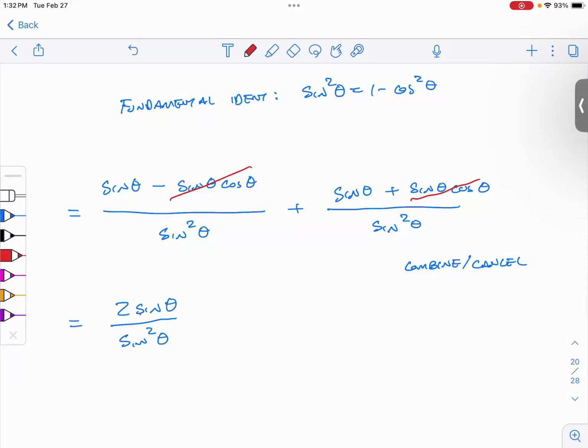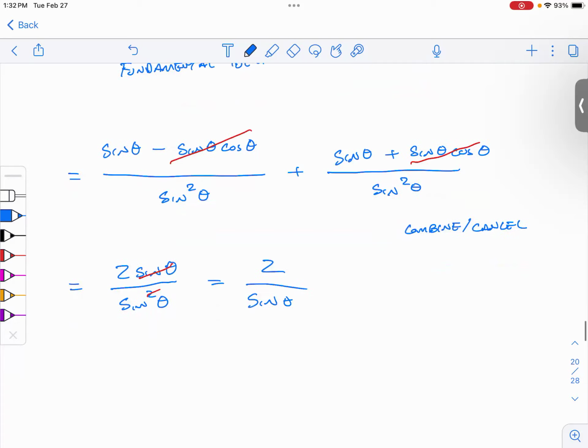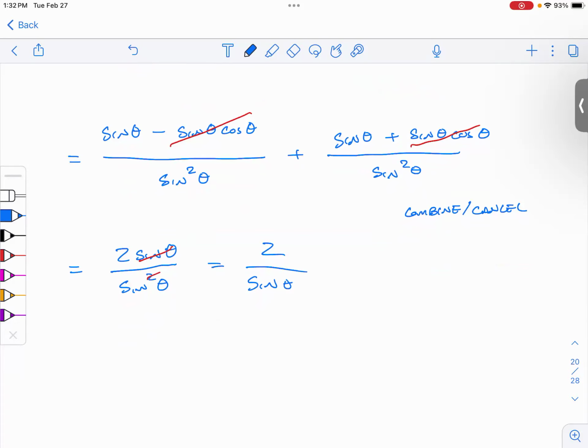And same thing, one of these in the numerator cancels with the square there. That gives me 2 sine over sine theta. And then what's the reciprocal of sine? Cosecant, right? That's what we started all this with.